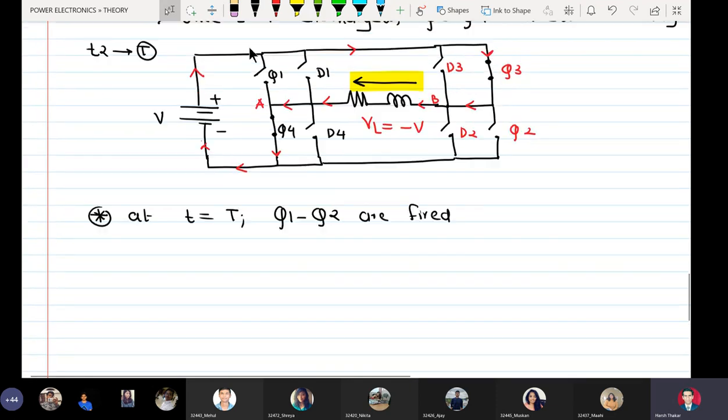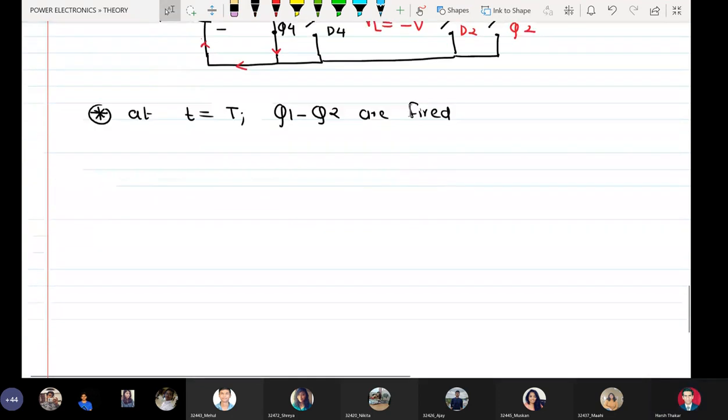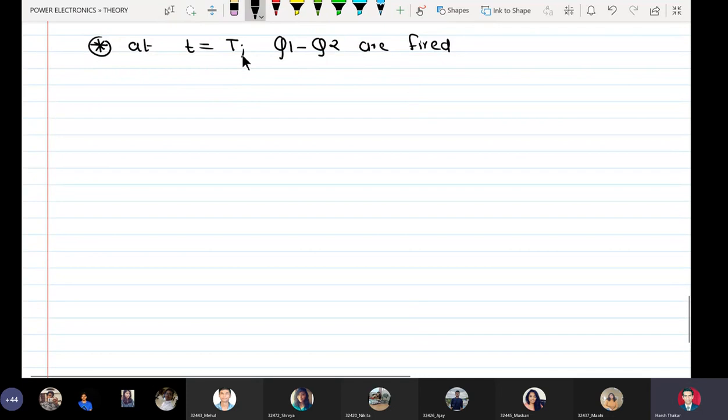How will that polarity be? The polarity will be like this. Students, see carefully. The polarity will be plus and minus. Now the same thing will happen. Let us draw the circuit again.